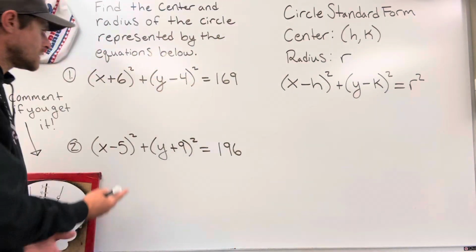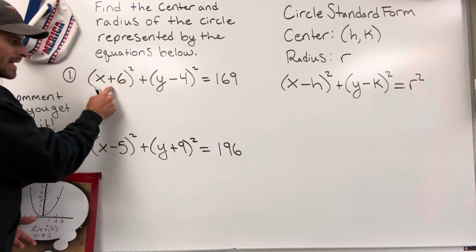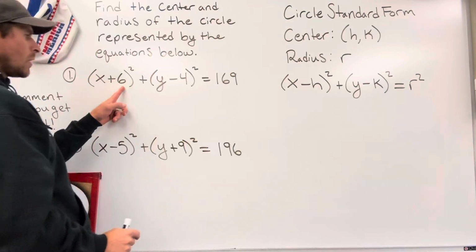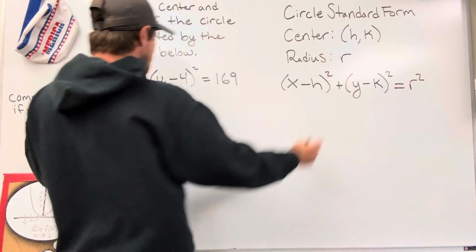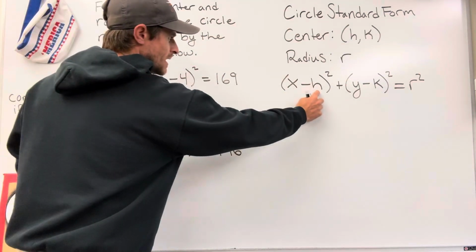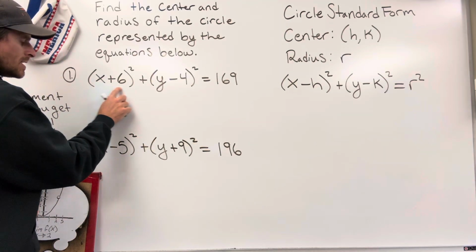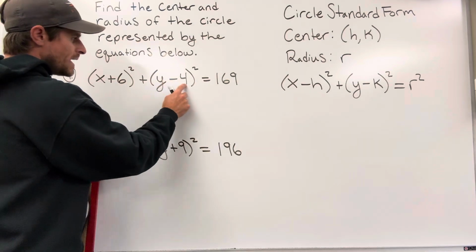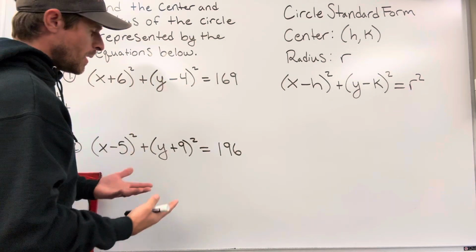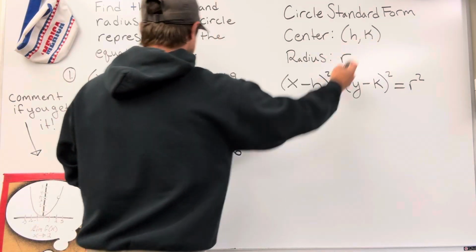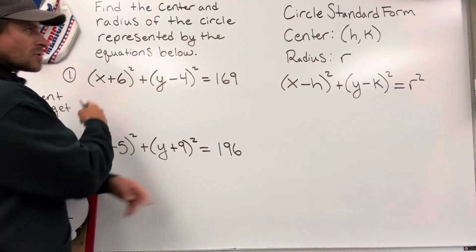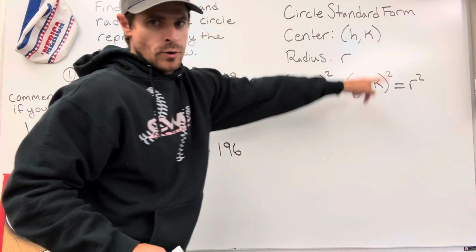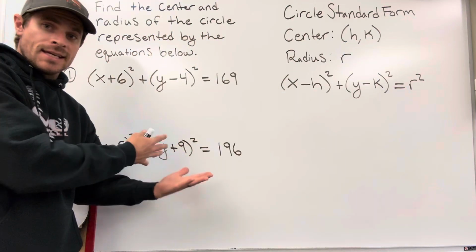If all of a sudden it says +6, what that tells you is that the value of 6 here for my h has got to be negative. The only way that minus h becomes plus h, like it does here, is if 6 was a negative value. Here it says -4, so that's going to be a +4 for your y value. So +6 means it's actually -6, and -4 means it's actually +4. It's the opposite of what you're going to see in the given equation.